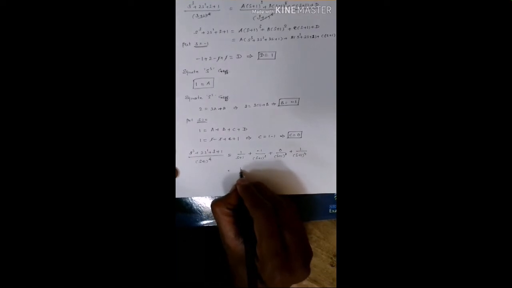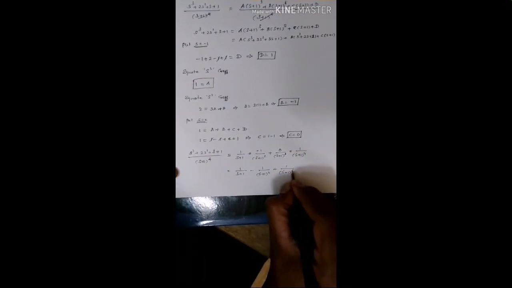Now the c term entirely goes 0, so we have 1 by s plus 1, minus 1 by s plus 1 whole square, plus 1 by s plus 1 whole power 4. This is the value for this one.